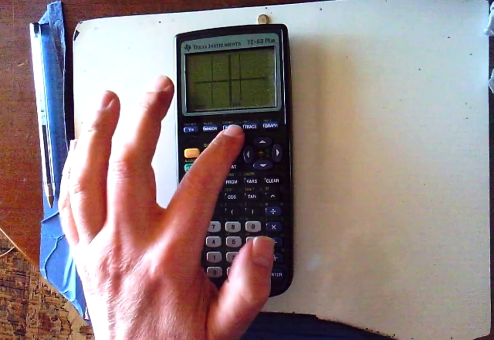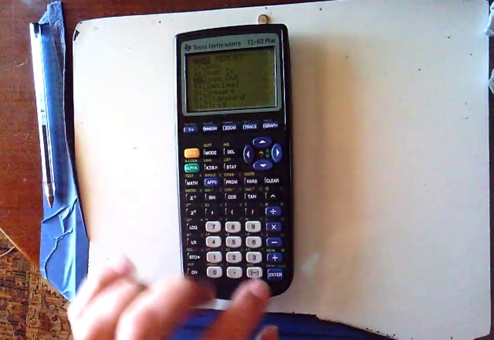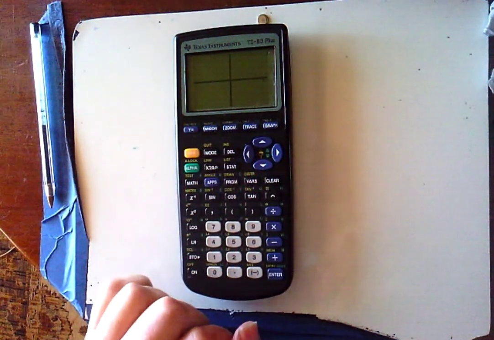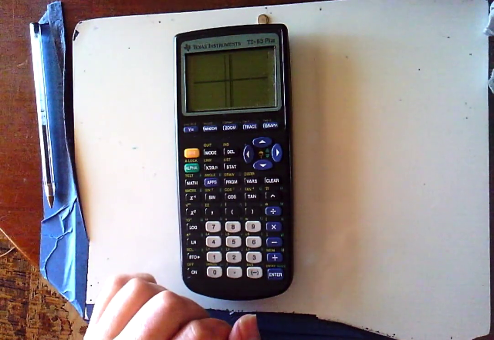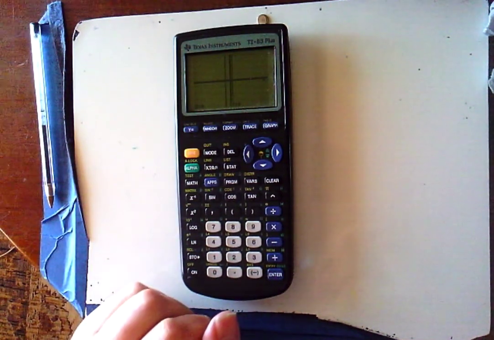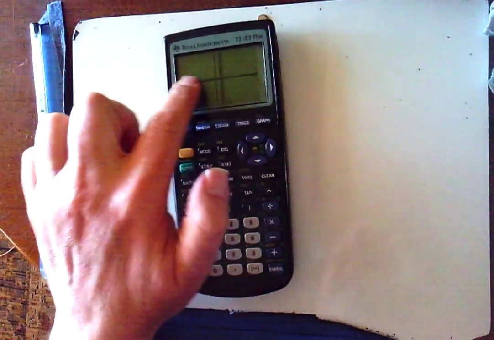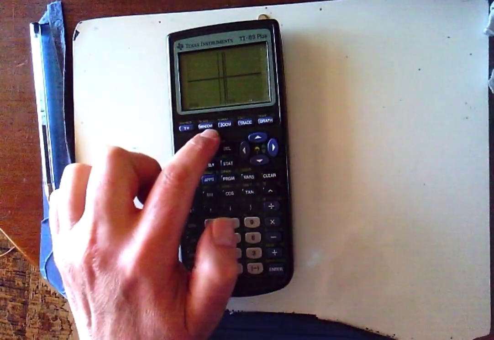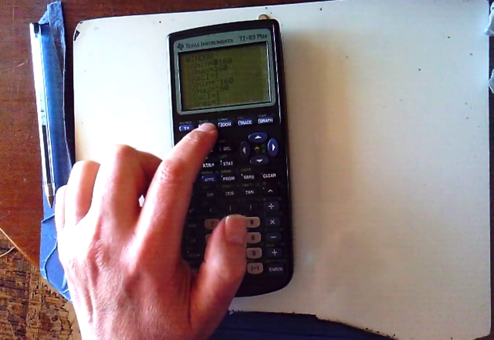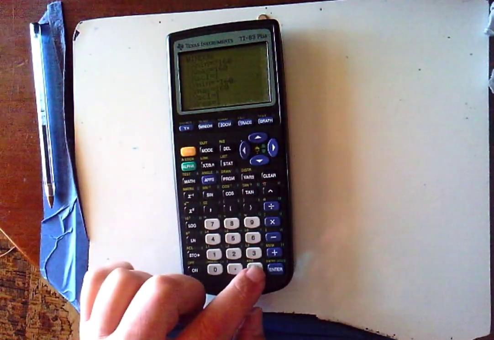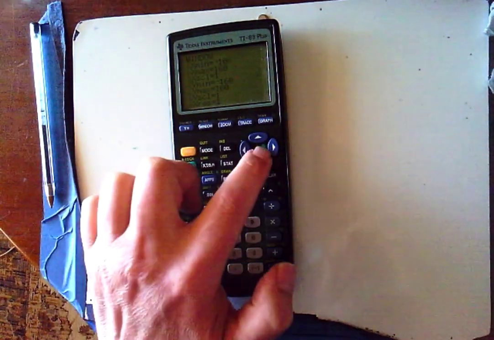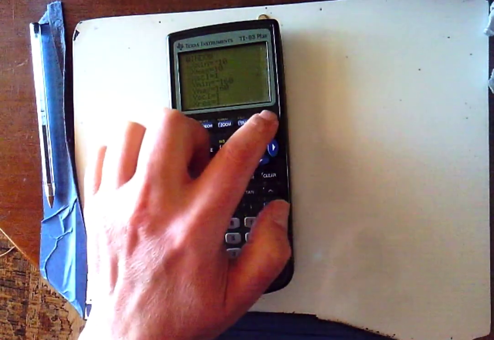So I think I need to zoom out again. Huh, I don't see it. But what I see here is I have a lot of X that I'm not using. So I'm going to go over to my window, and I'm going to make these X's be something like -10 to 10 again, and see what I see.